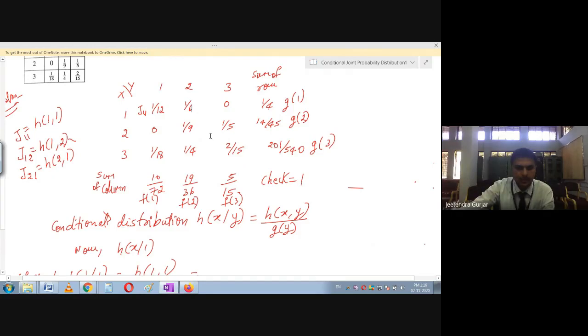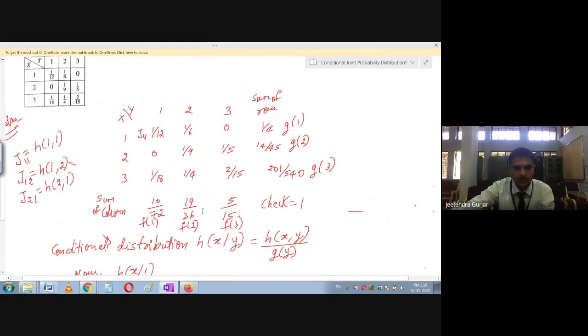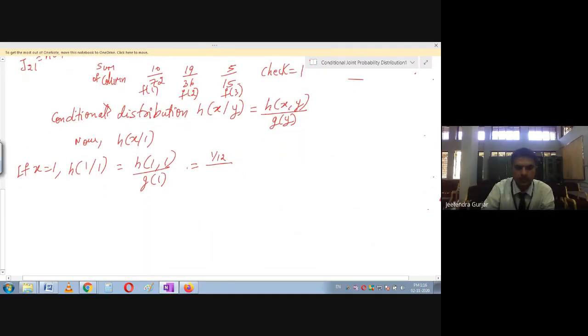Now you can directly substitute here. It is 1 upon 12. But remember, g of x is nothing but the sum of the row we have done here, that is 1 upon 4. So substitute here 1 upon 4 students. Further, if you simplify, you are going to get this value as 1 upon 3. Similarly, you calculate for all the values of x.